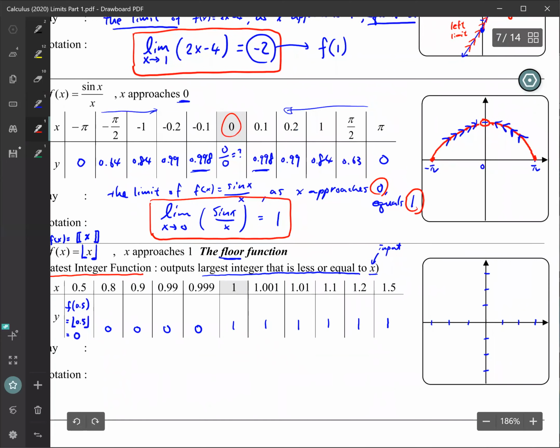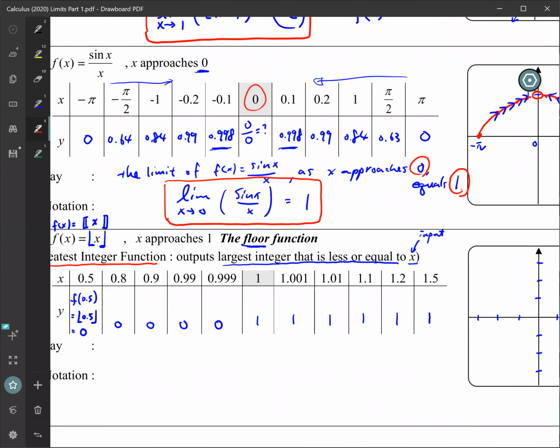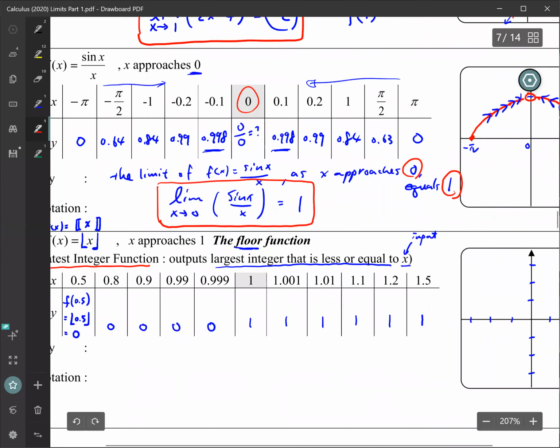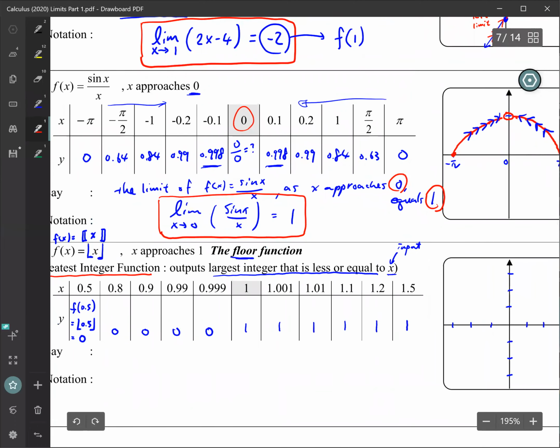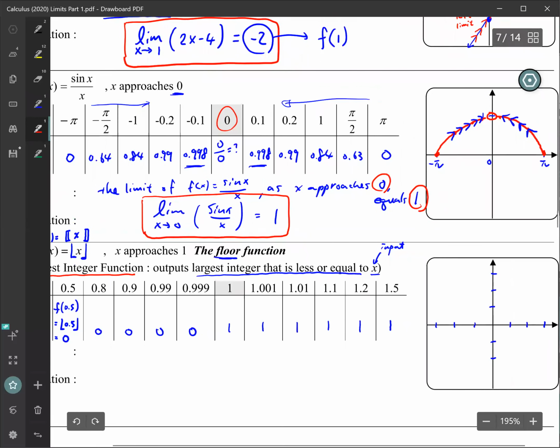For 0.5 to 0.99, all these are 0, right? So all these will stay at 0 until it goes to, sorry, wrong place. 0.5 is here. 0.5 all the way to here.